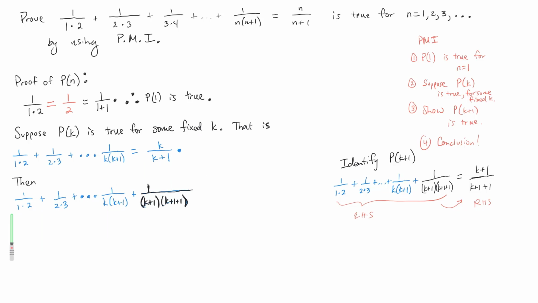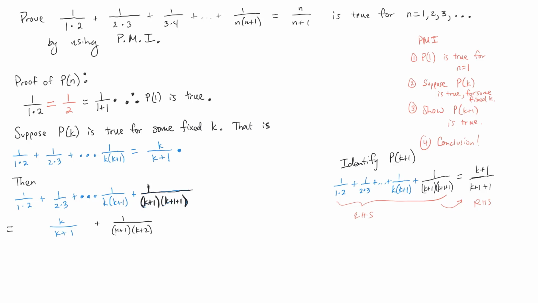So replace this part with what? Our next expression is going to be equal to k over k plus 1 plus 1 over k plus 1 times k plus 2.